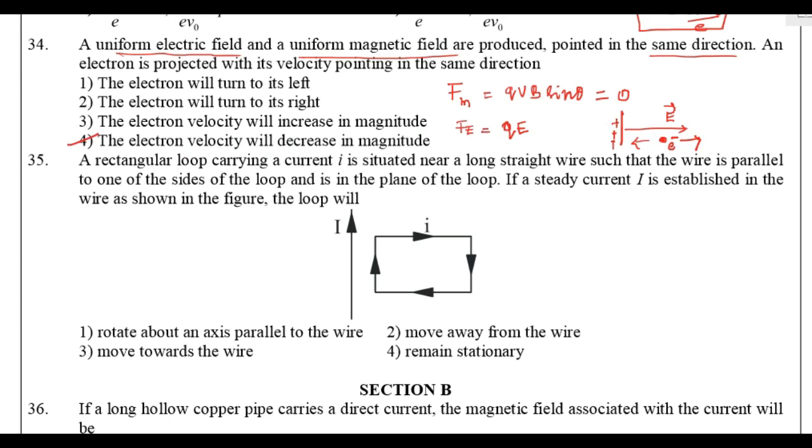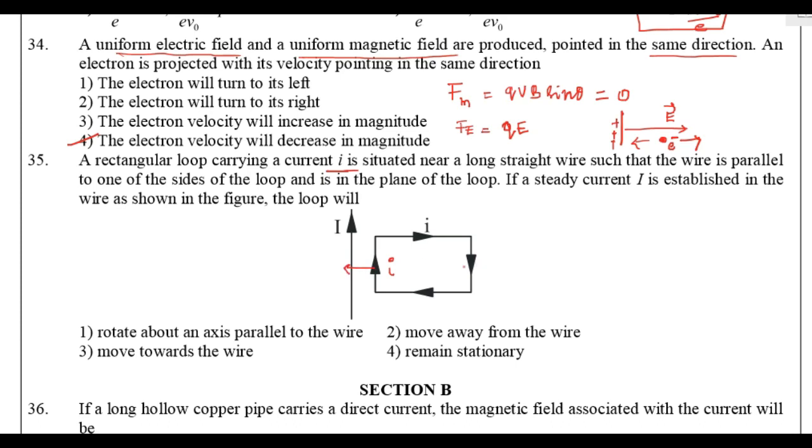A rectangular loop carrying current I is situated near a long straight wire such that the wire is parallel to one of the sides of the loop and is in the plane of the loop. The steady current I is established in the wire as shown in the figure. The loop will... Now here this current is in the same direction, so this will be attraction.